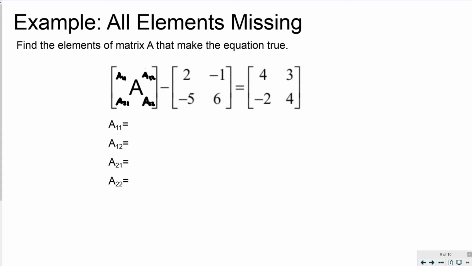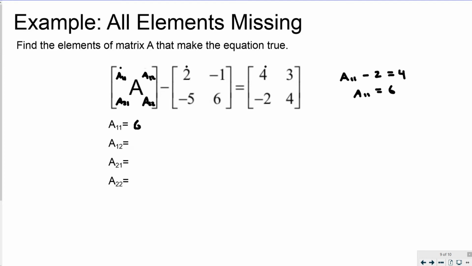So what I am going to do is take a look at what these equations are stating, and it would be A11 minus 2 equals 4. That is all of this, and this written out as an equation. So if I went ahead then and added 2 to both sides, I would say that A11 equals 6.